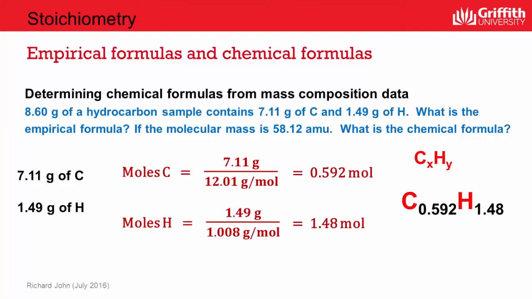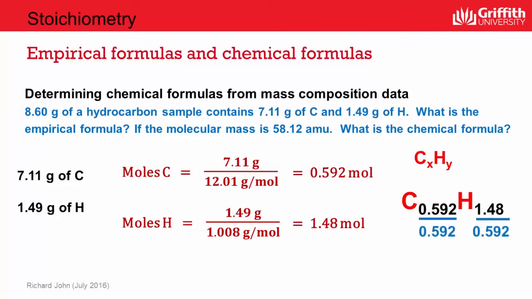But we know that empirical formulas need to have whole number subscripts, and so the easiest way of getting these numbers into whole numbers is to find the moles that has the lowest amount of the two. 0.592 is smaller than 1.48, and we divide each of these mole values by the smallest mole value.